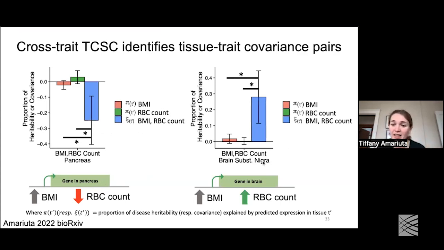And then in the brain, the covariance is significantly positive. So this is really interesting. Perhaps the genes that do indeed have a true causal effect on BMI are consistent with their direction of effect, as are the genes with causal effects on red blood cell count. So this proposes a way that one could partition or ask which tissues are underlying the genetic covariance between two traits or two diseases.